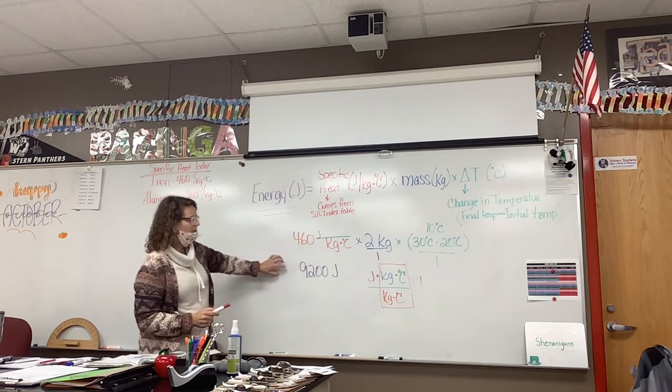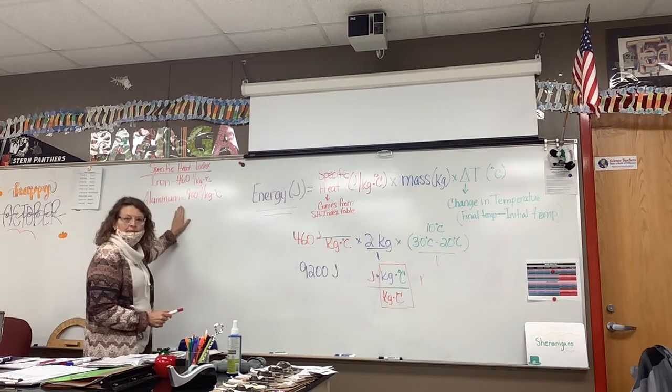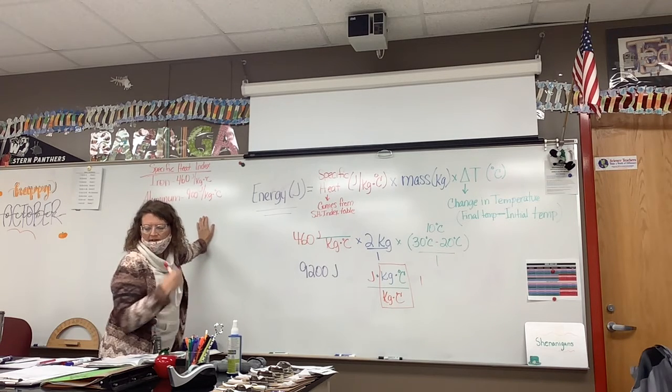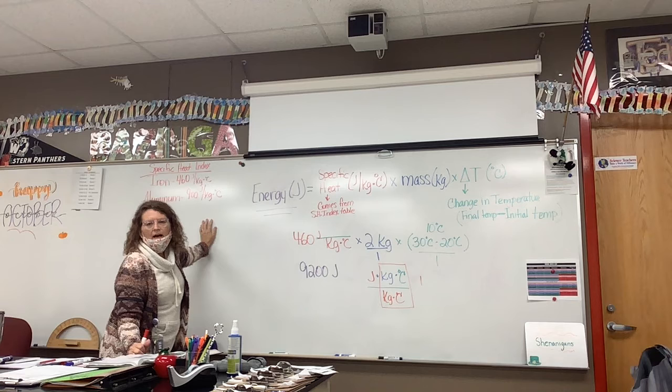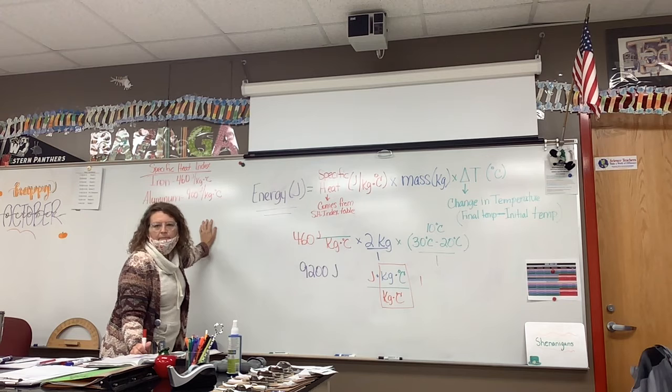So you're going to do that. We're going to do a practice one with aluminum. It's on page 265 in the math skills. It says that if the specific heat of aluminum is 900 joules per kilogram degree Celsius, how much energy is needed to raise the temperature of a 3 kilogram sample, there's your mass, from 35 to 45?